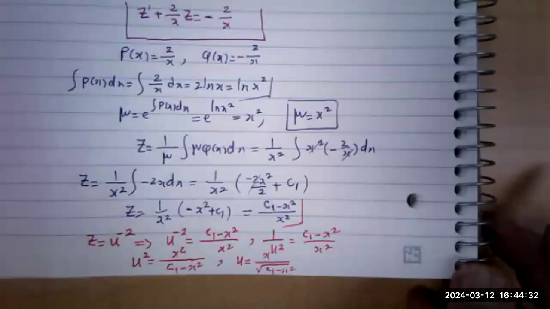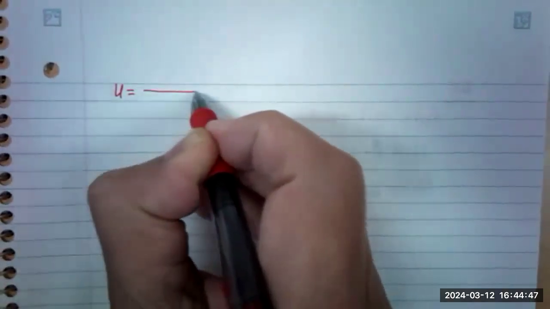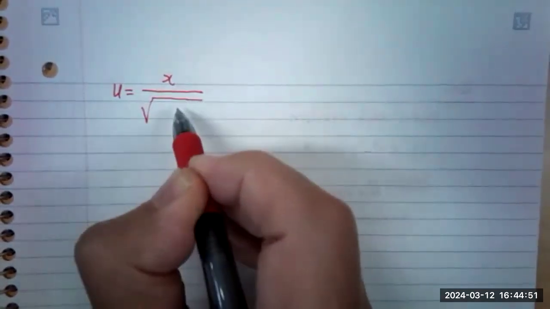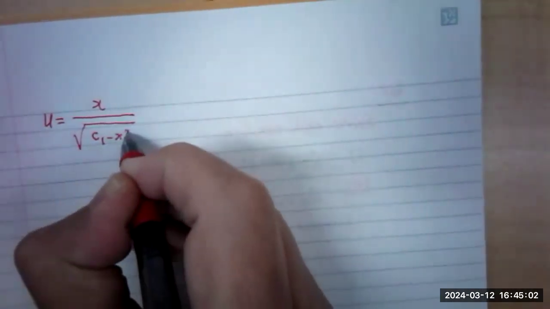Okay. So we go into the next page. So I repeat the u for myself. Here, we have u is x over the square root of c1 minus x squared.